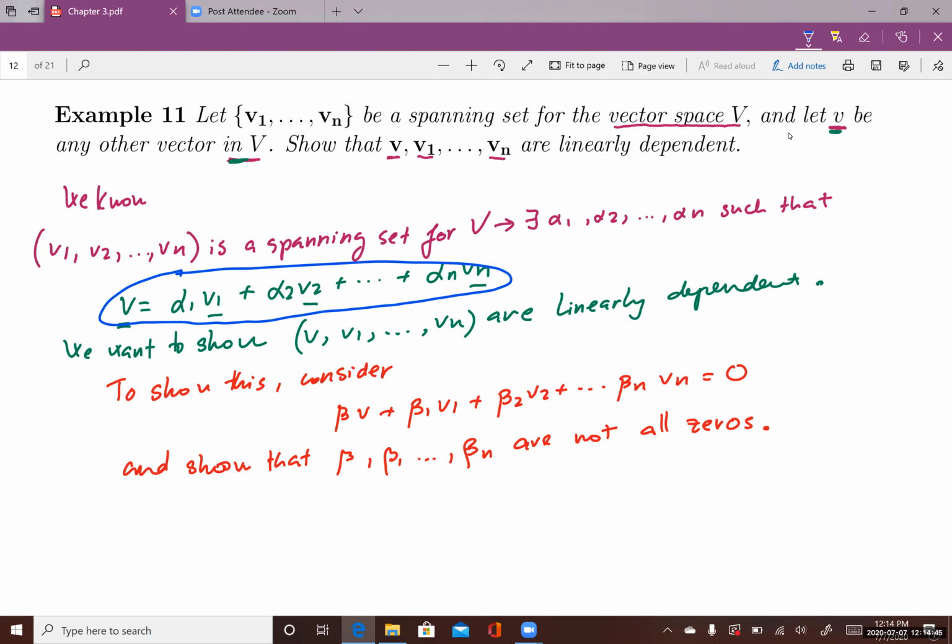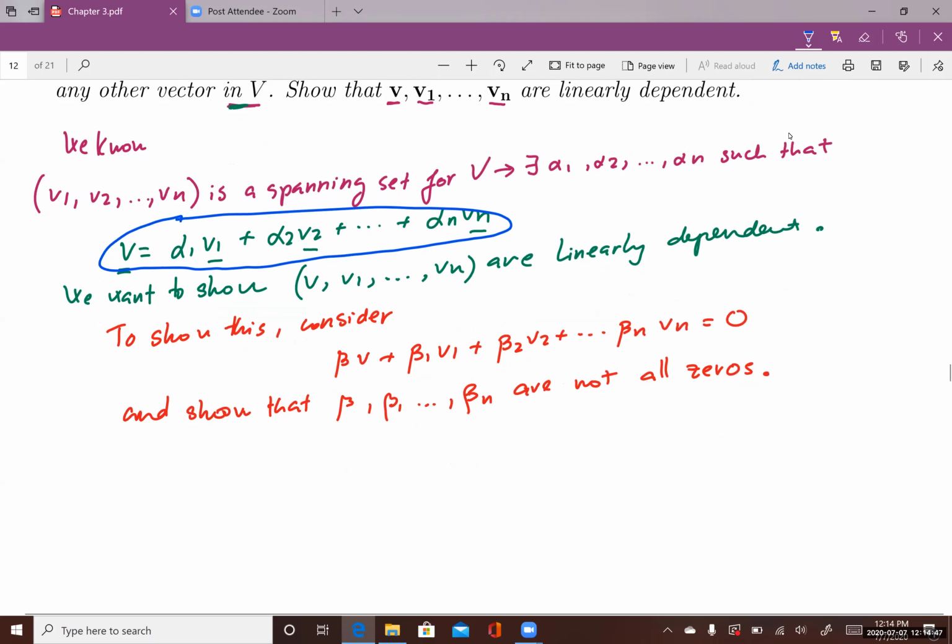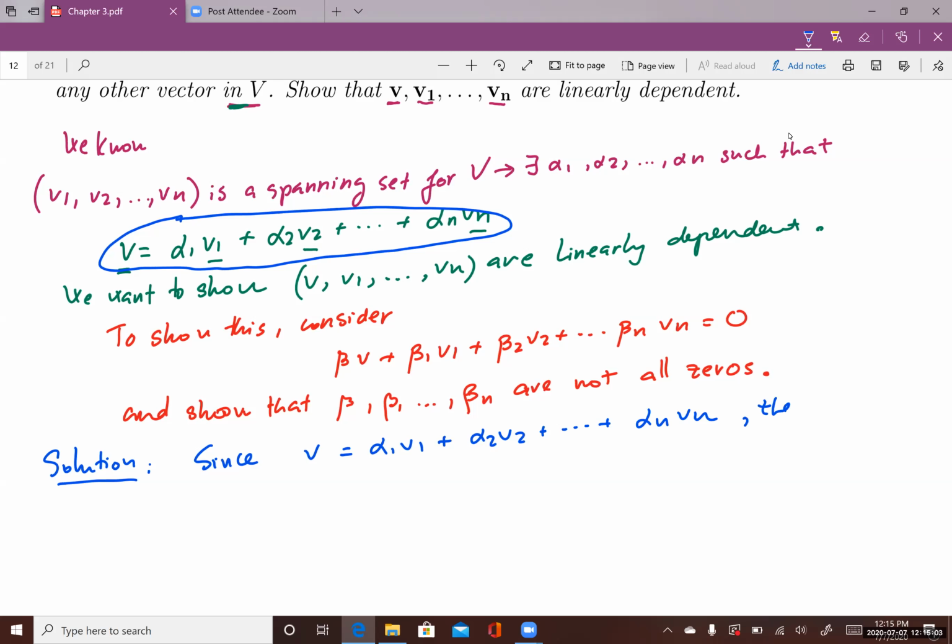Here is the solution. Since we know that v equals alpha 1 v1 plus alpha 2 v2 plus alpha n vn, we can move v to the other side.